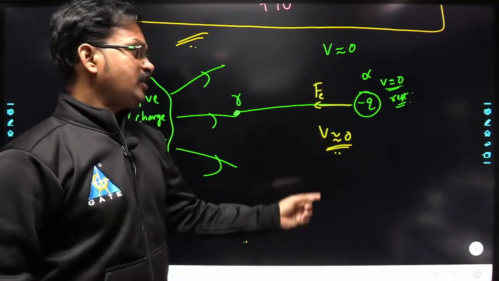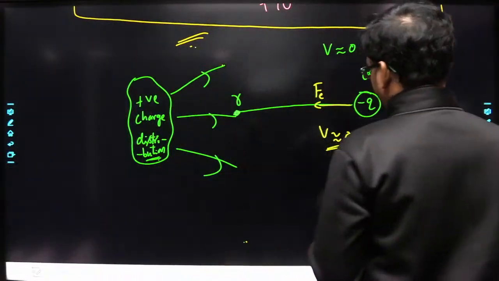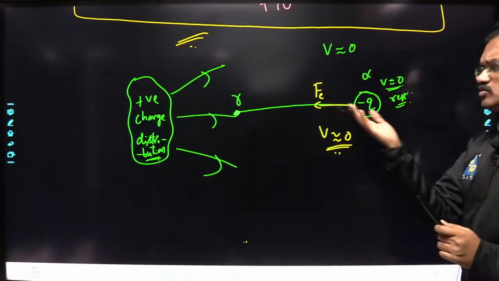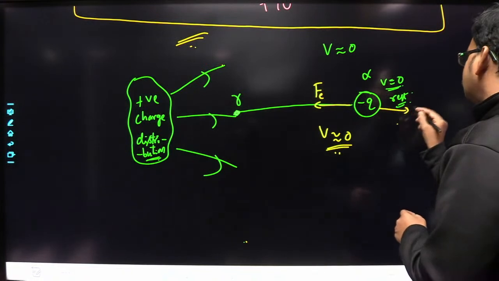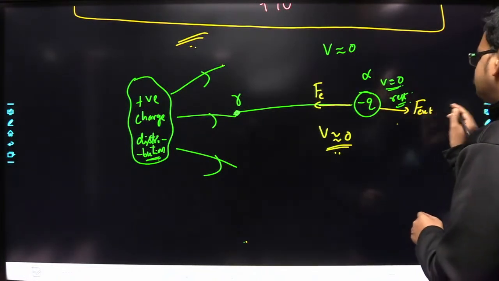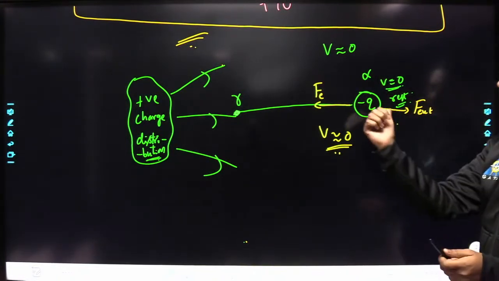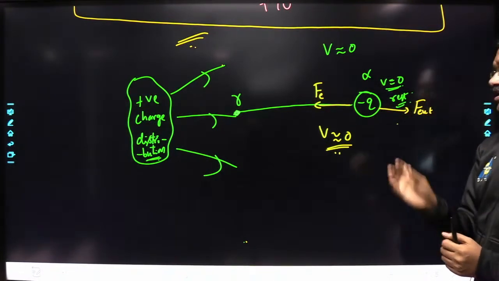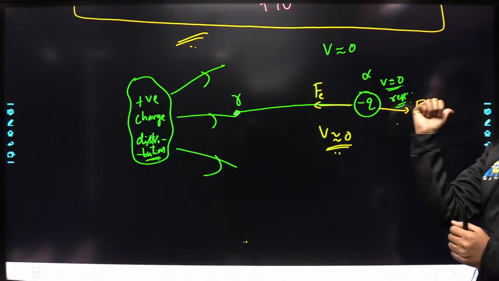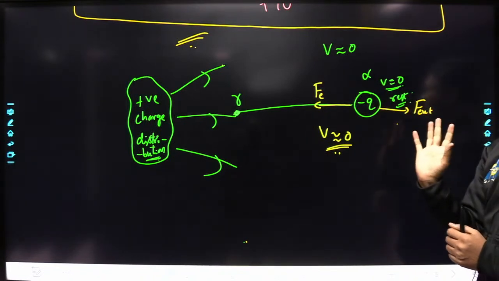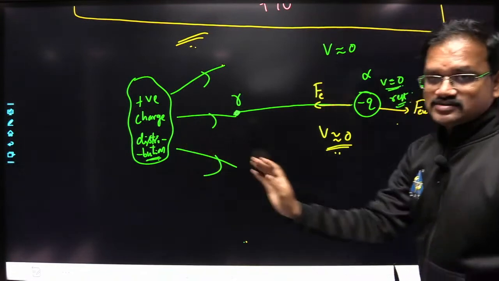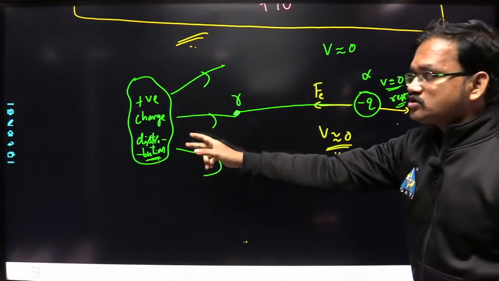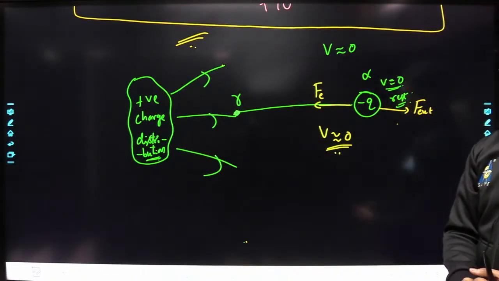In order to maintain this velocity almost equal to 0, you have to apply an external force in this direction, or not? If you don't apply force in this direction and simply leave minus q, then it is going to accelerate towards the positive charge distribution, yes or no?